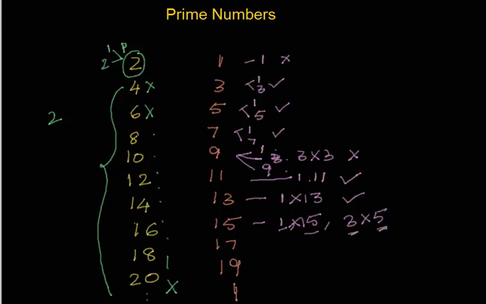So it is not a prime number. 17 has only 1 and 17 because there is no other number that can divide 17. So 17 is a prime number. Similarly, 19 has just 1 and 19 as the factors. So 19 is a prime number.